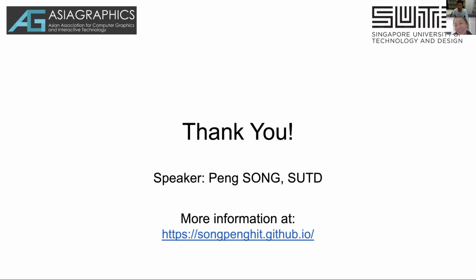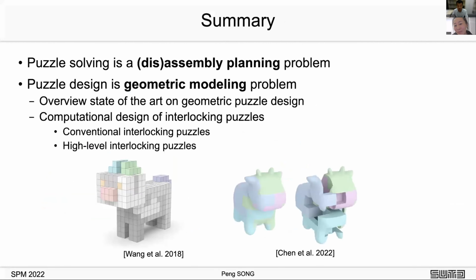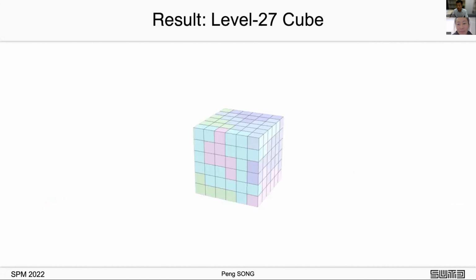Yes, we have the models on our group page, and for this high level interlocking puzzle project, we have released the code. So if some students or researchers are interested, they can try the code. And we also have the models on our page, so they can download them and do 3D printing. That would really meet this core interest in physical objects.